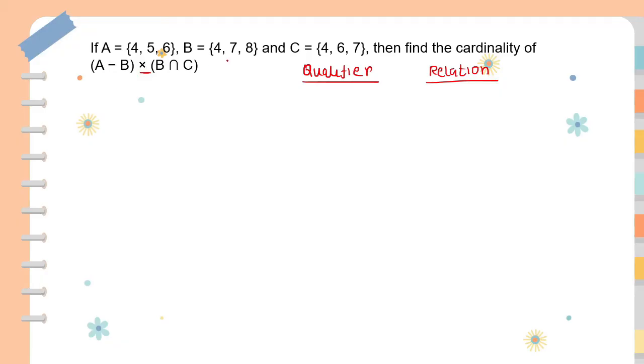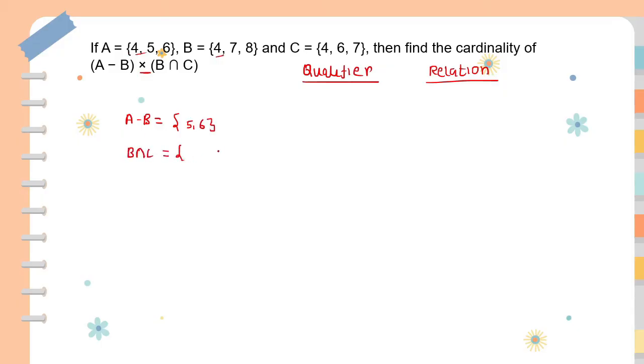So A is 4 5 6, B is 4 7 8, C is 4 6 7. First we will find A minus B, which means all elements in A that are not in B, so we exclude elements present in both A and B. 4 is present in both, so A minus B gives 5 and 6 only.